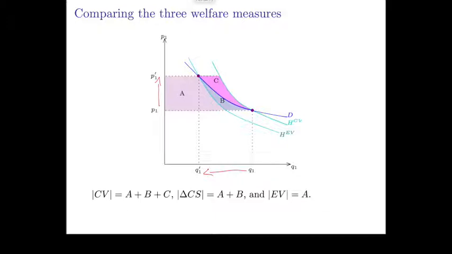Now the consumer surplus change is going to be just this area B plus this area A. Remember, the consumer surplus before the change is, if this were the demand curve, all of this area below the demand curve and above the price.